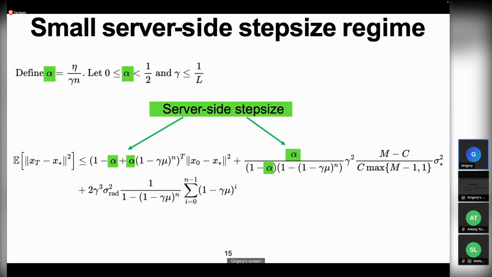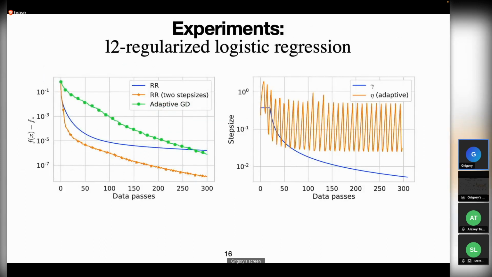Okay, let's go to experiments. Tuning two step sizes is quite complicated, so here we go slightly beyond our theory, and we use adaptive step sizes. We use adaptive step sizes for the server step size, and we use a decaying step size for the client step size.